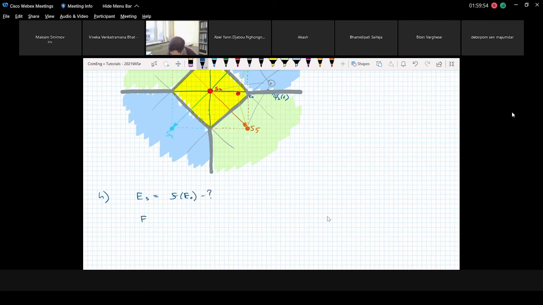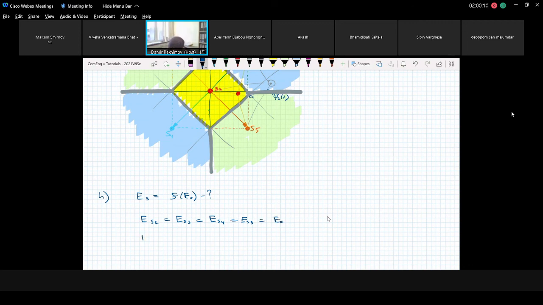So here we have that the energy of the first signal is the same as the energy of the third, fourth, and fifth signals, and it equals E naught.